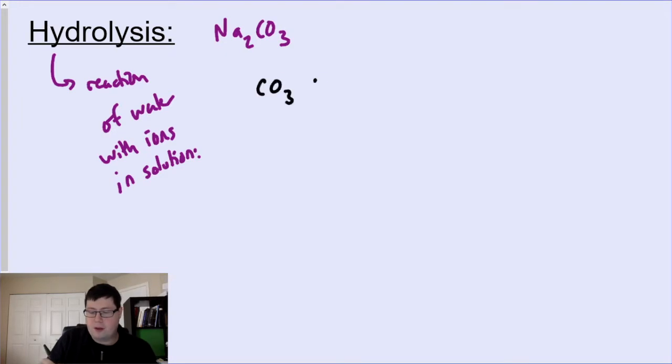If you take CO3 and react it with water, I could make two predictions here. The first is that this doesn't have a proton, so it doesn't have a way to donate a proton. It's negative 2, in fact, so it looks a lot more like something that's going to accept a proton because it has those extra electrons, that negative charge. And indeed, it is going to accept a proton.